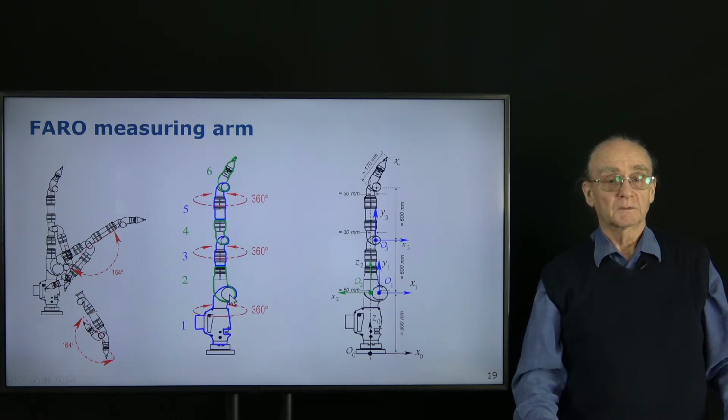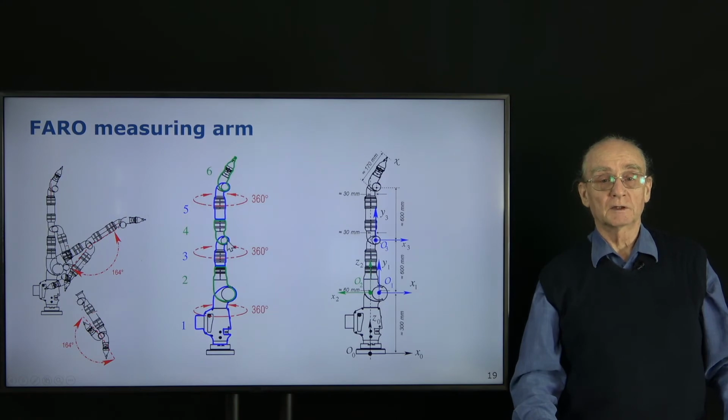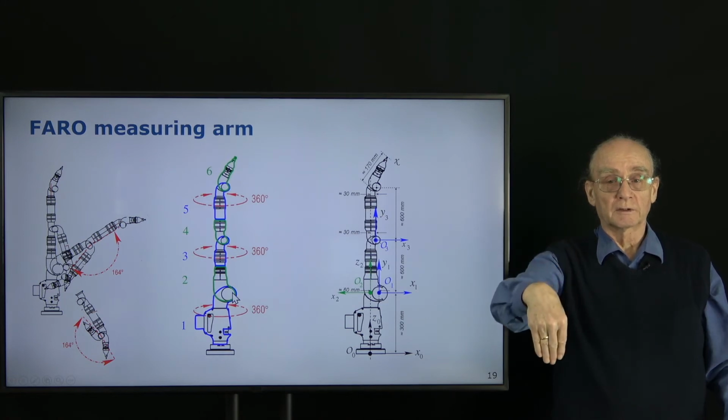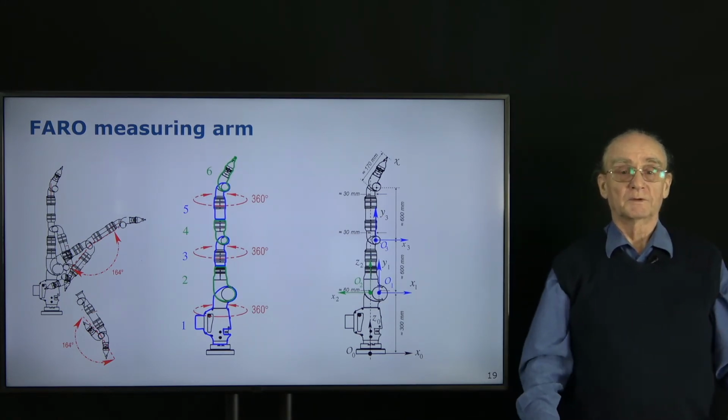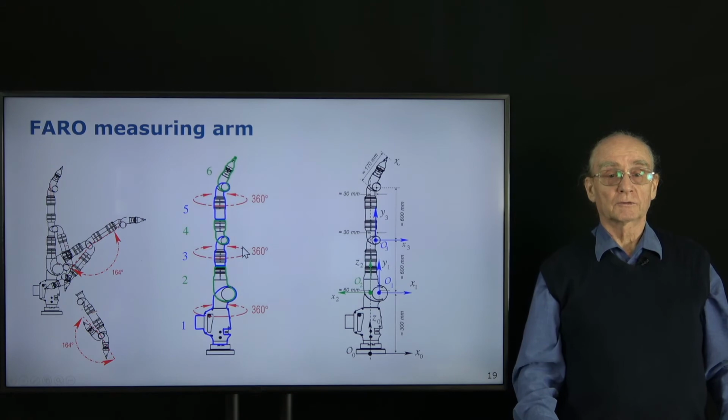This last part can be rotated from vertical down to this large angle by 164 degrees. And the same here for these two. We have 164 degrees where the arms can be tilted, and we have a rotation of 360 degrees about the vertical axis.